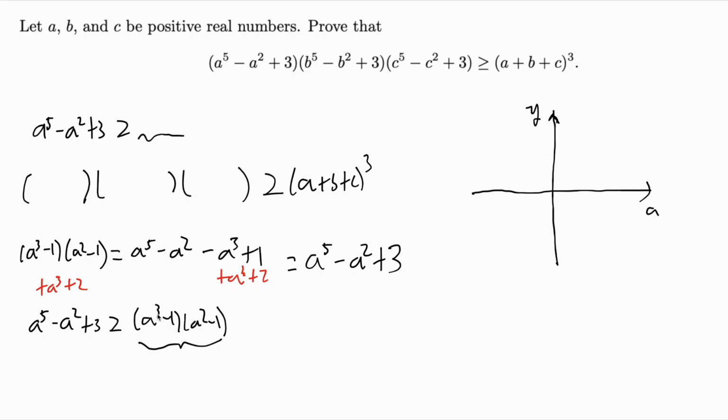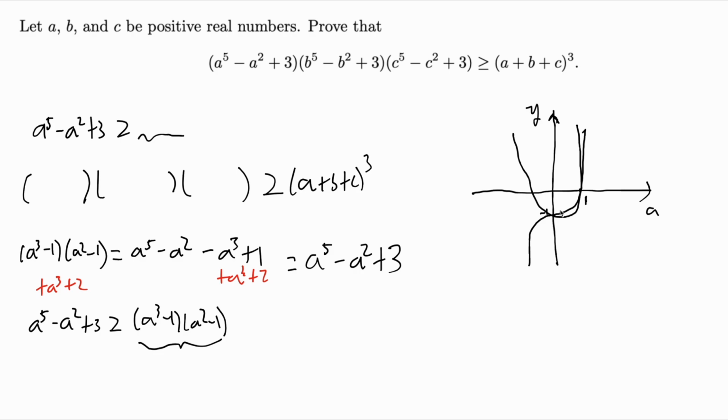When we graph our a cubed minus 1, we'll have negative 1 here, and then it will go something like this, and obviously it will reach 1 here. For our a squared minus 1, we can also graph it, and it will go like this.